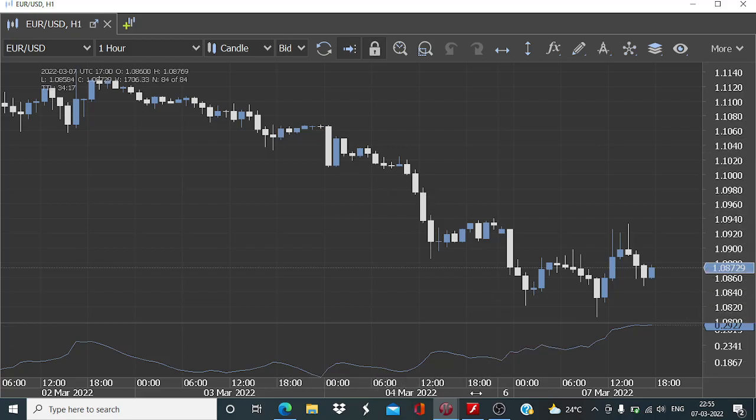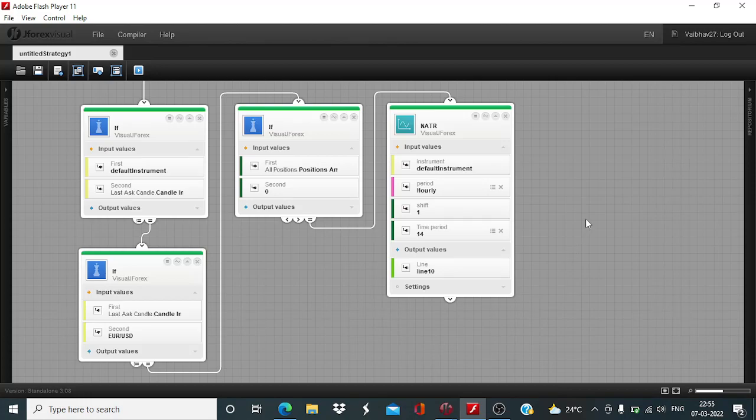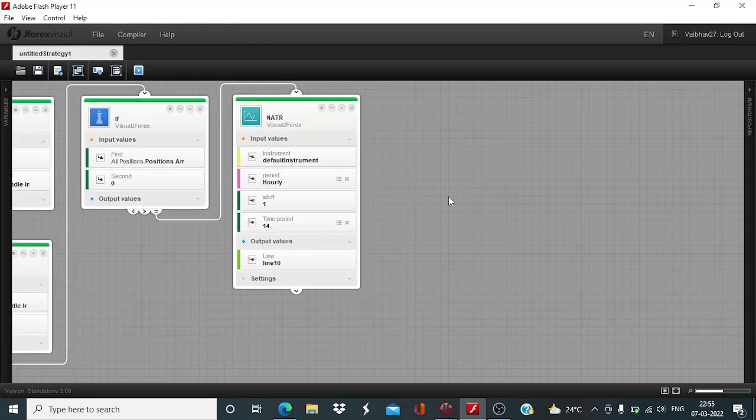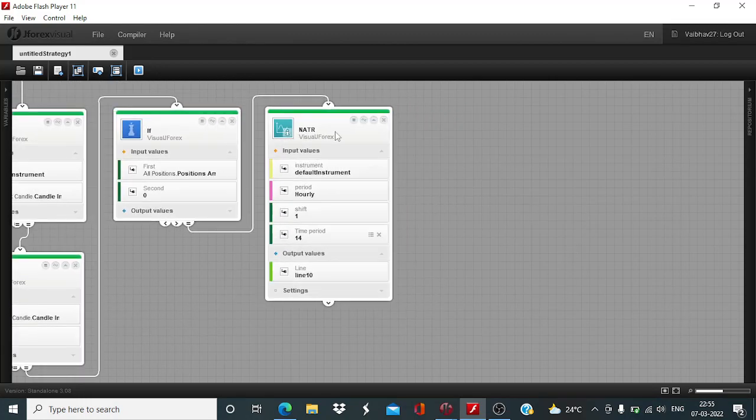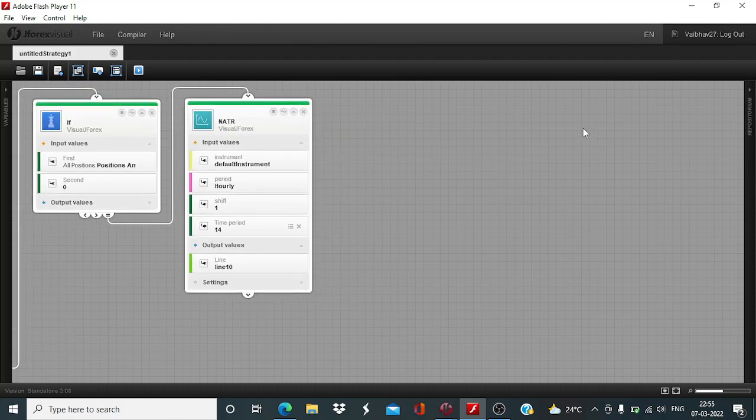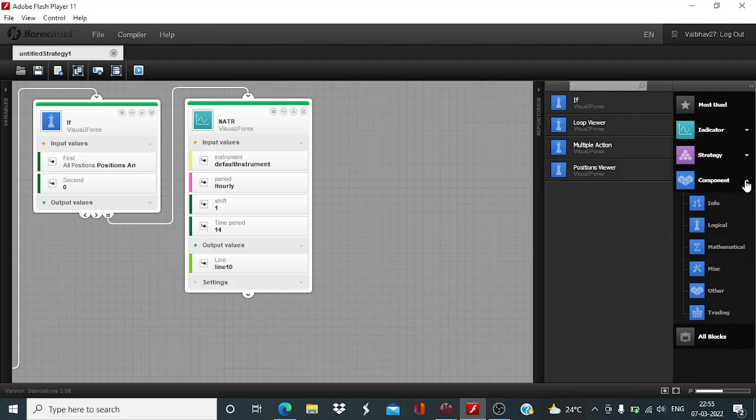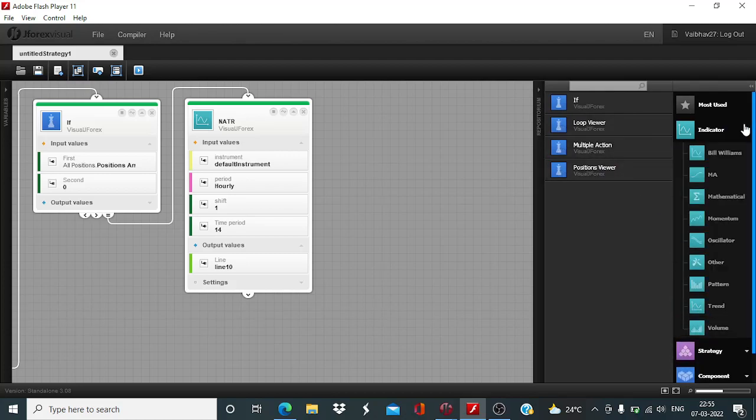Now we head back to the Visual JForex board. We are going to need two of these NATR blocks with varying shift values. So I will add one more of these NATR blocks.